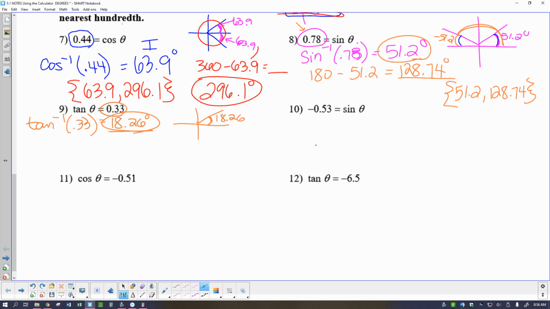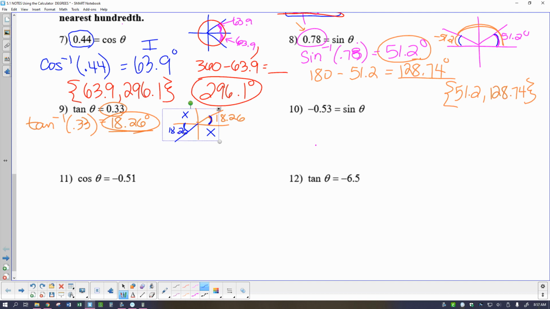But then how do we figure out what our other answer is? Well, where else is tangent positive? It's got to be positive, not here, because one of those is negative, not here. Sine or cosine is negative there. The other one's going to be in the third quadrant. Well, again, if this is 18.26, so is this.